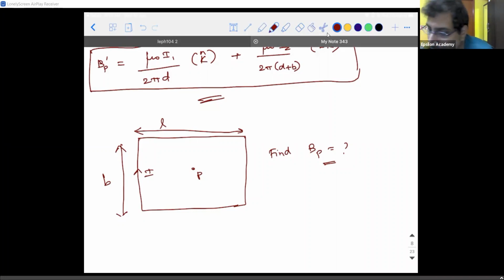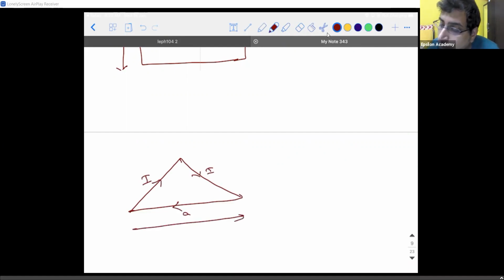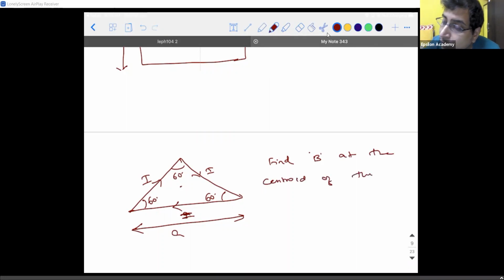Let's try to create another. Let's say you have an equilateral triangle of side A. Find B at the centroid of the equilateral triangle.